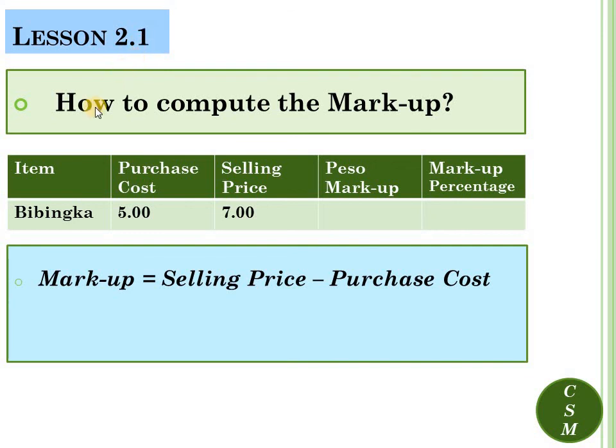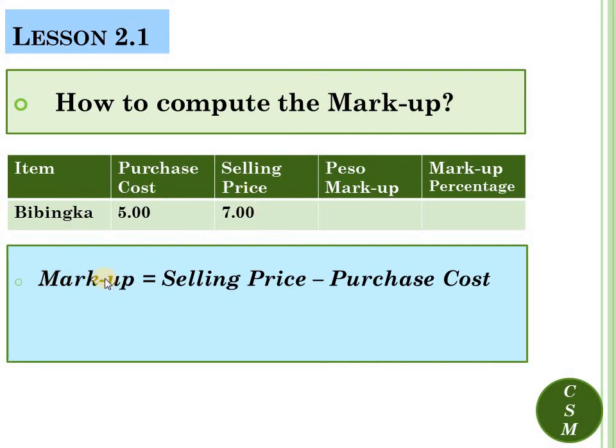Lesson 2.1, How to compute the markup. For this, we have a tabulation of the item, purchase cost, selling price, peso markup, and markup percentage. For our item, we have bibingka. The purchase cost is 5 pesos and the selling price is 7 pesos.